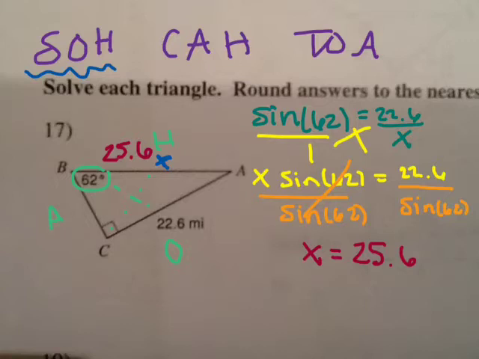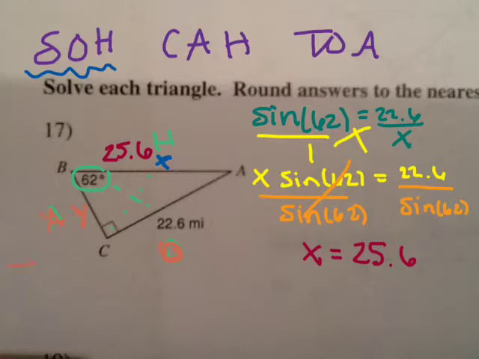Okay, well, we have to find that other side. Again, we have our opposite. The next side we need to find, we'll call y, is our adjacent. Okay, well, if we look, we have an O and an A. We can use tangent.